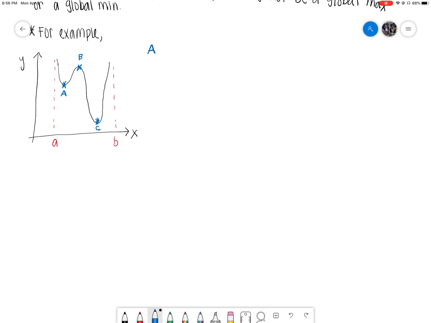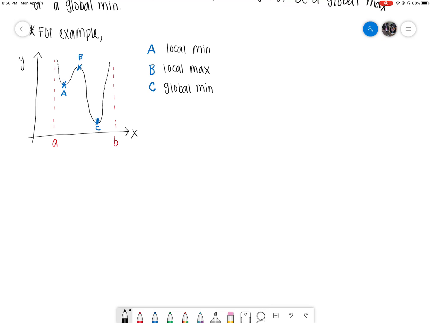At A, B, and C: at A we see a local min. At B we see a local max. And at C we see another local min, but it turns out C isn't just a local min, it is a global min. So at point C, we are less than or equal to all other points on this graph. So why wasn't B a global max?